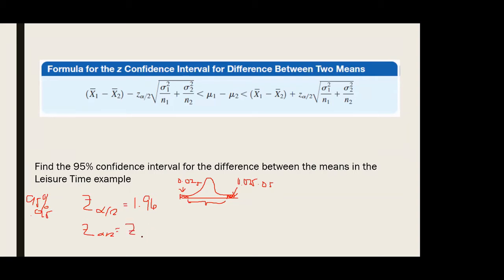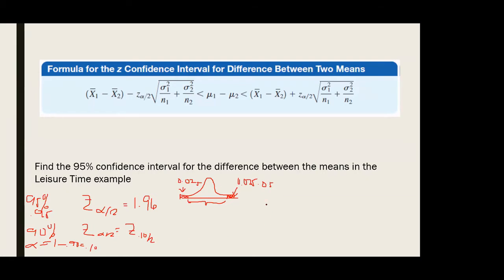Okay, so your assignment was to determine what alpha over 2 is when the confidence interval is 90%. So we can write this as 0.10 over 2, because the alpha here is just 1 minus 0.90, or 0.10. So how do you find that? It's very easy.